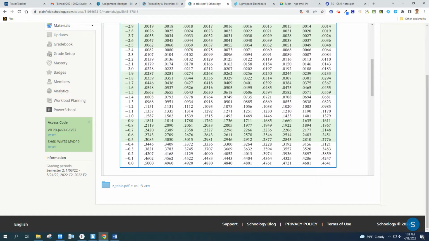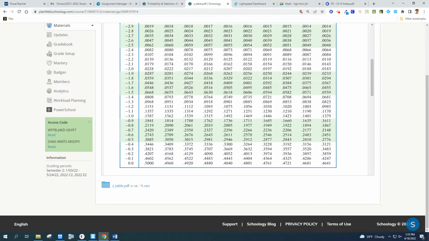Pretty close to about right here. That corresponds to a z-score of negative 1.28. Area is 0.1, z-score negative 1.28.